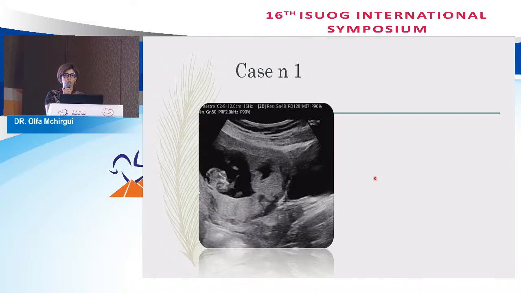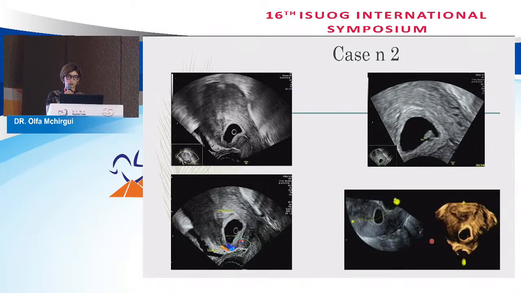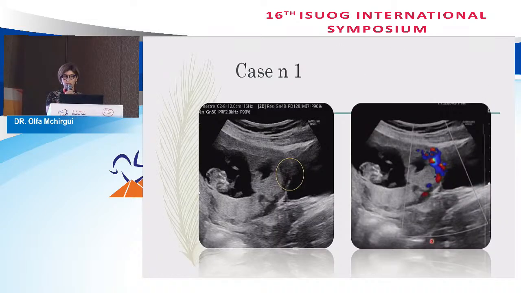The ultrasound findings were, as you can see here in the bladder, a low-lying placenta with a reduced myometrial thickness and placental lacunae, placental bulge, and abnormal vascularization of the uterus-bladder interface. These are the same signs that we can find in the second and the third trimester. And she was diagnosed with a cesarean scar pregnancy.